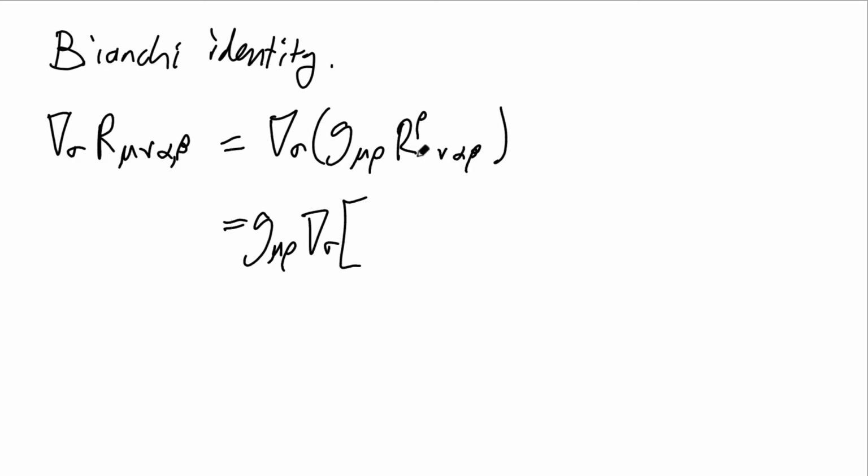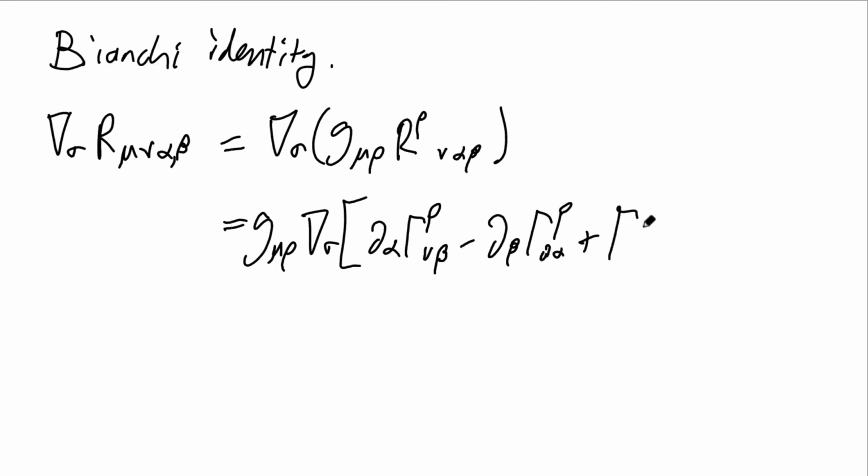And now let me go ahead and insert the definition of the Riemann tensor components in terms of Christoffel symbols. This is ∂_α Γ^ρ_νβ minus ∂_β Γ^ρ_να plus Γ^ρ_ασ Γ^σ... Well, I shouldn't use sigma here because I'm using sigma here.